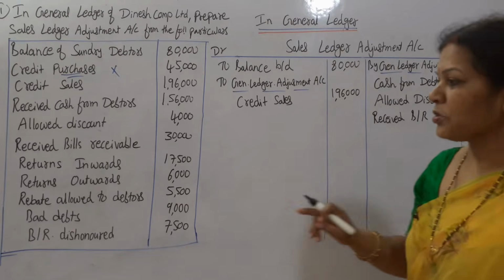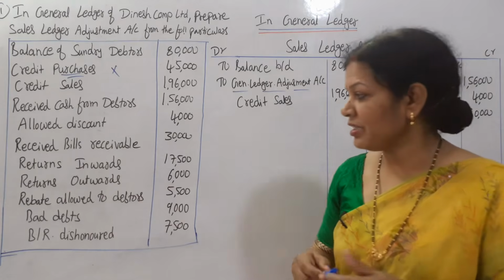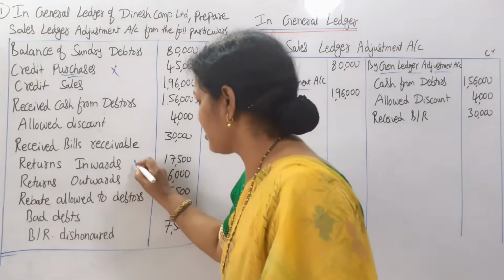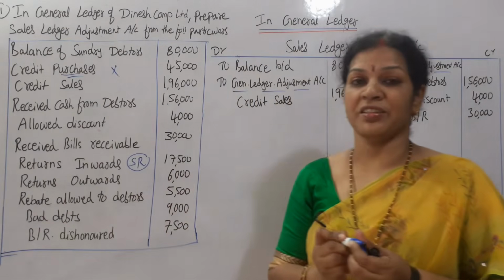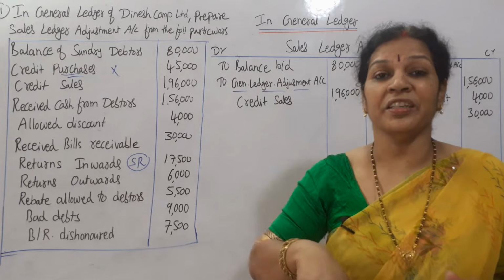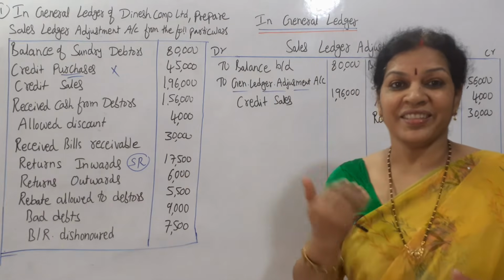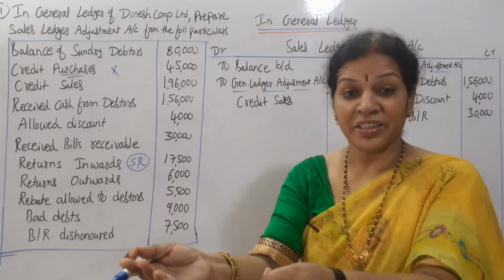Right? Next one, return inwards. Return inwards are always, remember, sales returns. We already sold, they are returning it. So that is for sales returns. In the same way, return outwards, we are returning.